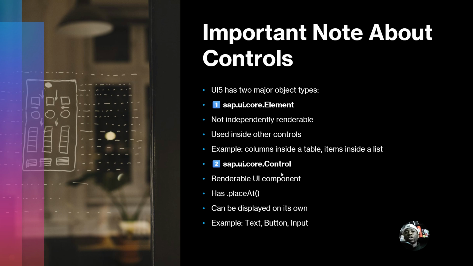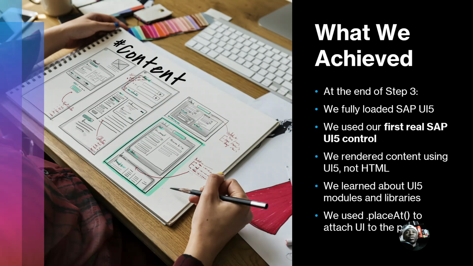The controls are renderable UI components, they have a placeAt function, and they can be displayed on their own, for example text, buttons, and input. So these are the core object types that we have in UI5.